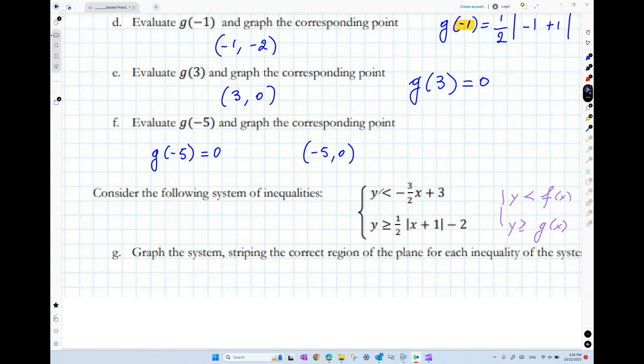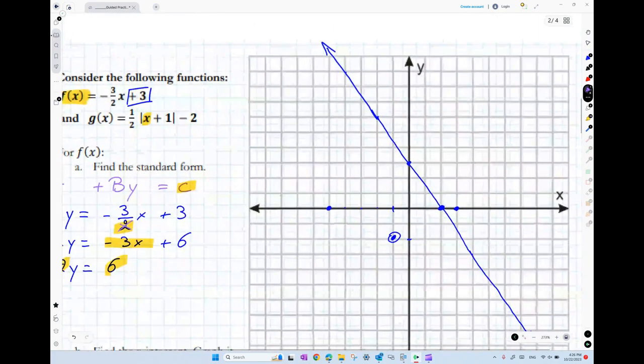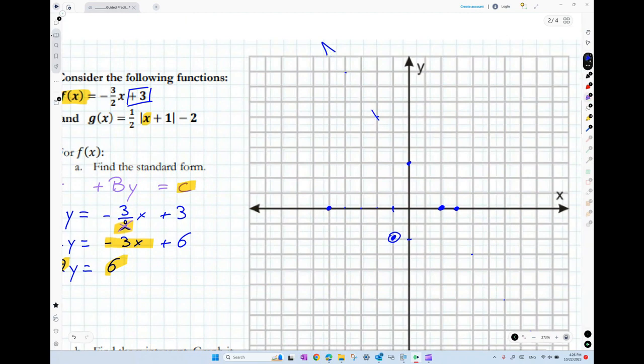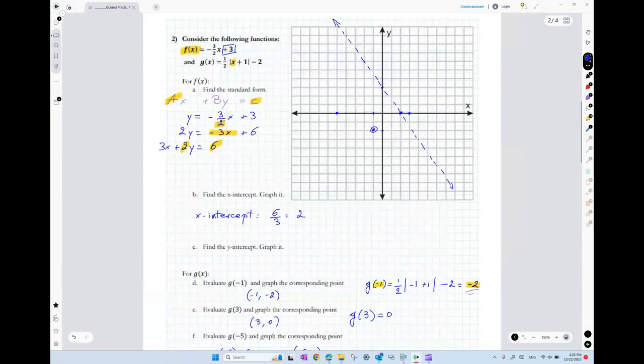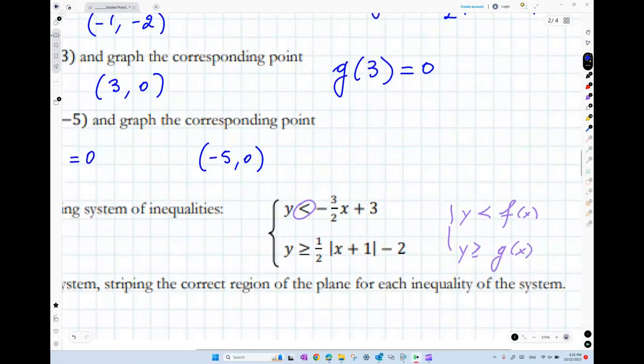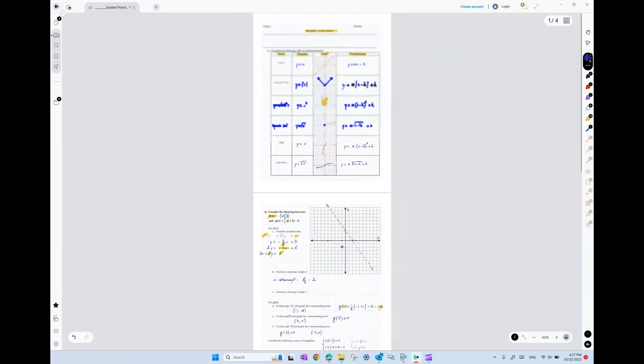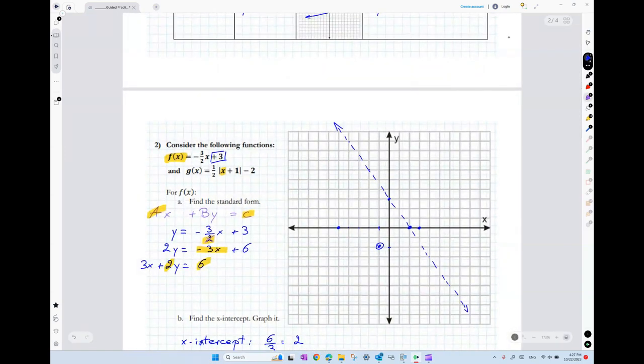For the line, I'm going to have a dotted line, because it is a strict inequality. And it says less than, so it's going to be striped underneath.